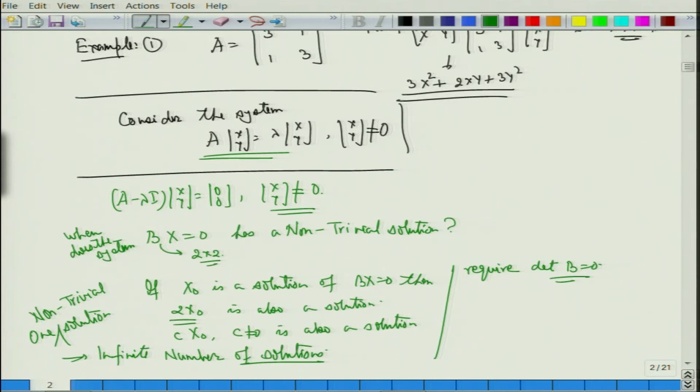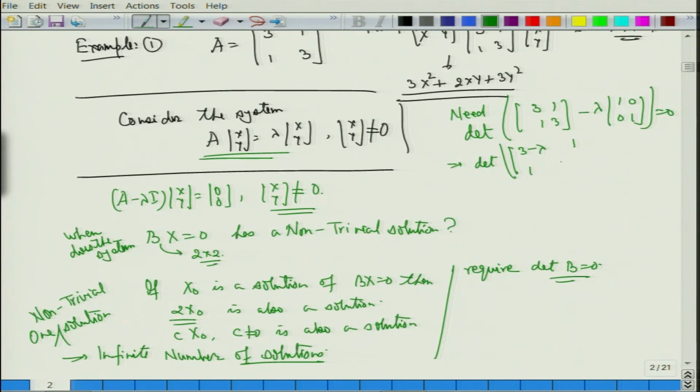If I look at this example, A was [3 1; 1 3], minus λ times the identity [1 0; 0 1], and the determinant of this should be 0. This is the same thing as looking at the determinant of the matrix [3−λ 1; 1 3−λ], which should be 0.